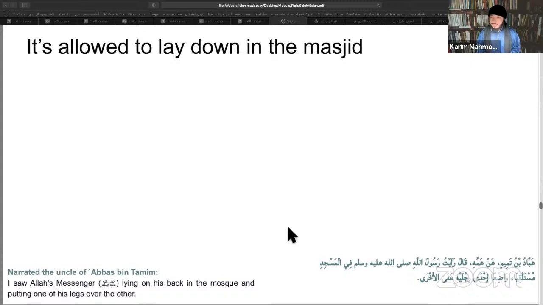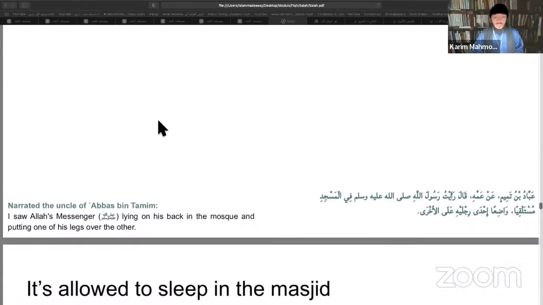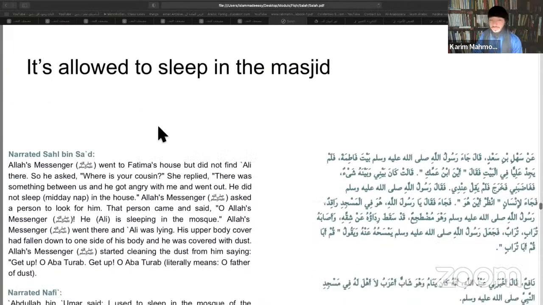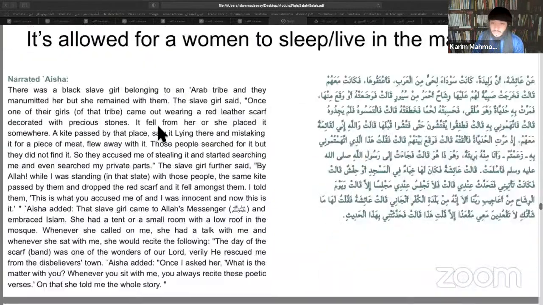These were poor companions who didn't have any homes, basically homeless. And they lived in the back of the masjid of the Prophet ﷺ. That's where they slept. So this is clearly stating to us that it is allowed for people to lie down in a masjid or even sleep in the masjid. That's completely okay. Same thing for women, of course. Women and men are the same thing.